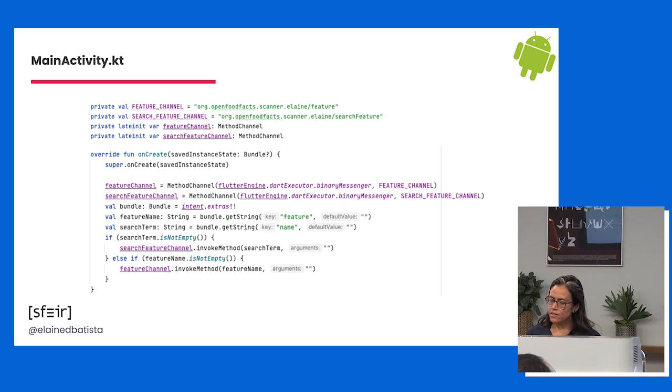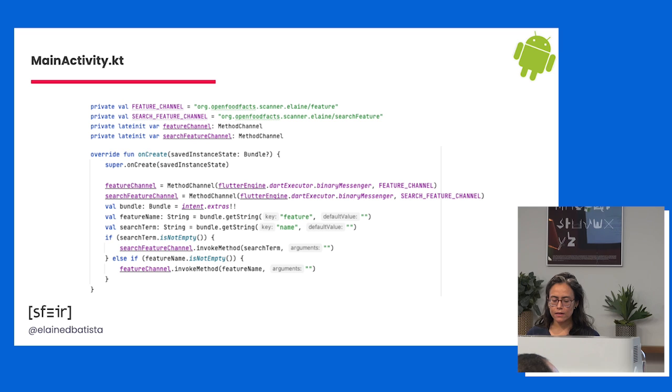It's basically declaring a method channel, and then the Google Assistant will give to Android some information through an intent. Basically, Google Assistant is going to launch your app with the intent, and then you're getting this intent here. On the example, remember I said open history on Open Food Facts. Right here, the feature name variable would be called history.